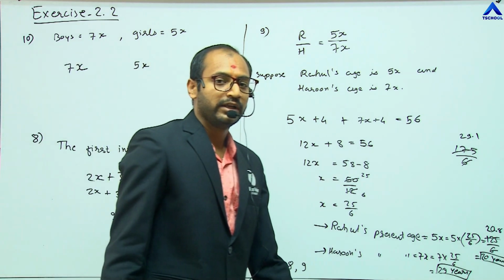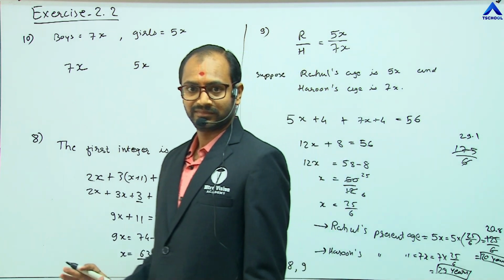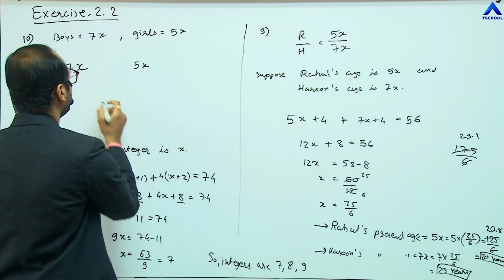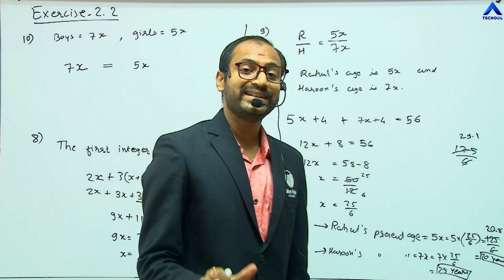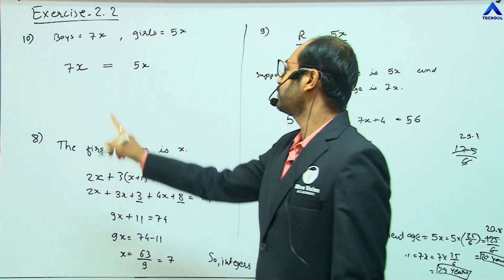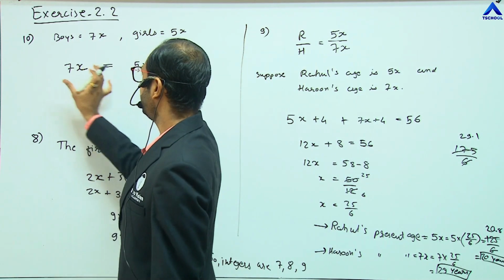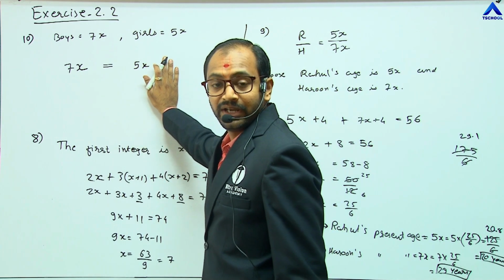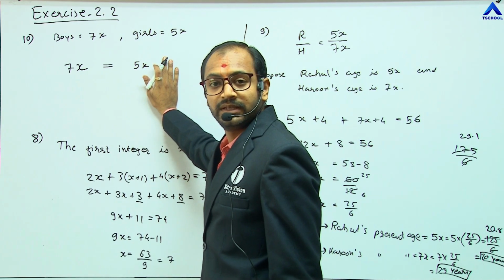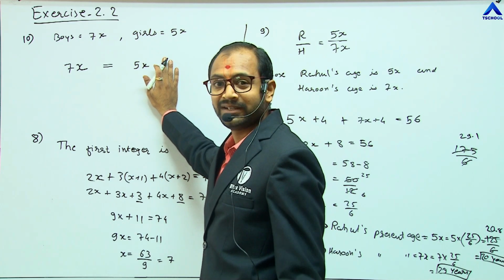Clear? Now I want to make an equation. So I have to put an equals sign here. What does this indicate? The equals sign indicates there are equal amounts on both sides. Clear? According to the question, there are 8 more boys than girls.